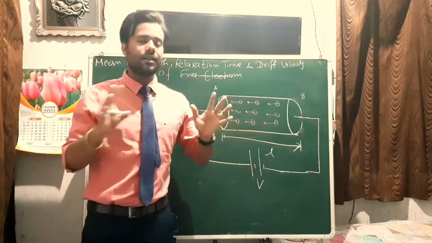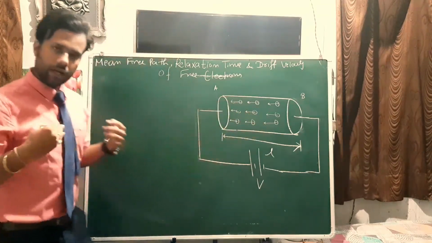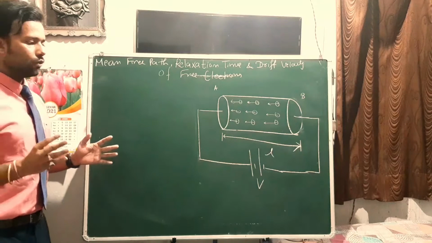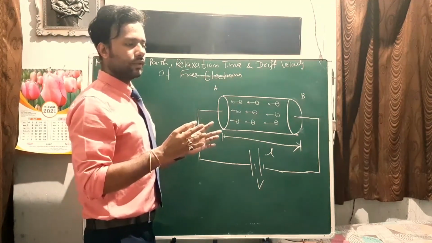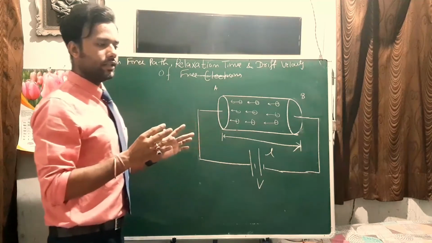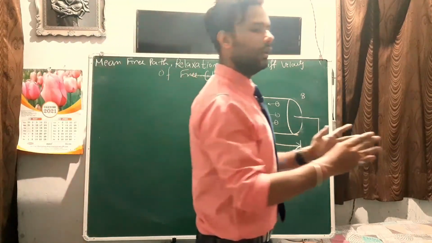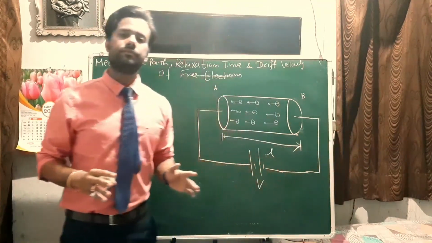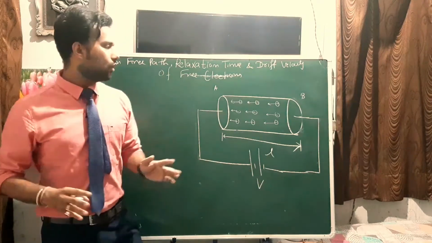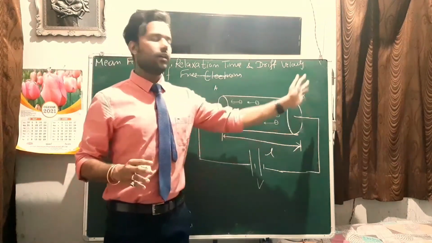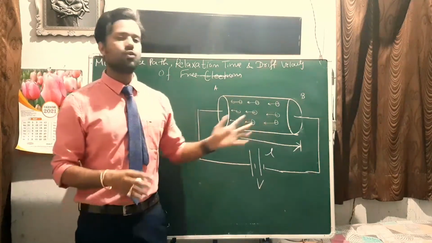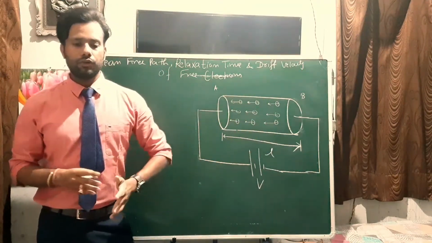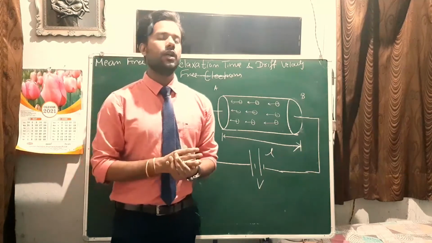Here this doesn't happen. Suppose I am an electron and I collide with the ion. I change my direction, then again start going opposite to the field. I do not reverse my path from A to B. I still go from B to A, so that a particular charge will flow in the conductor.